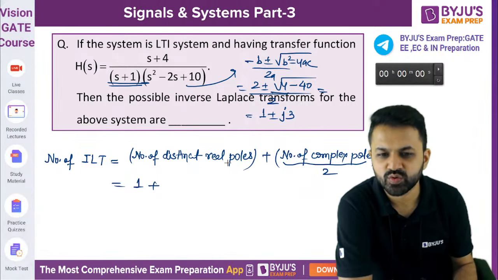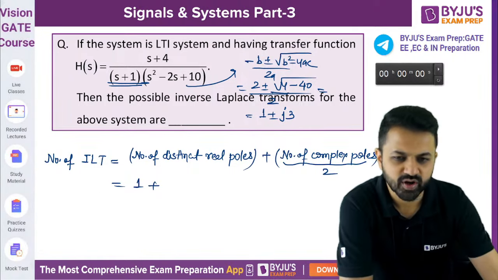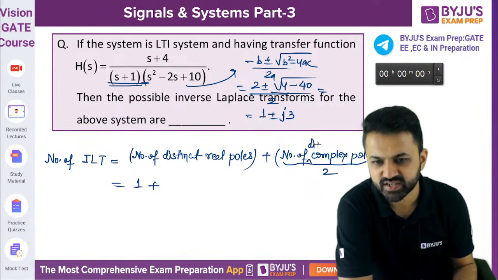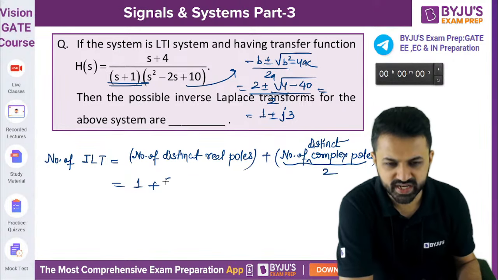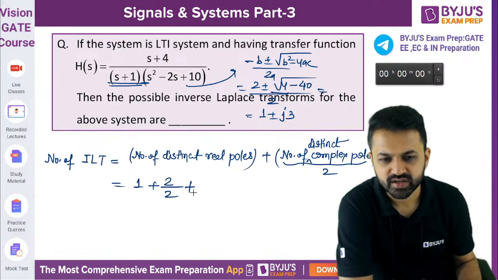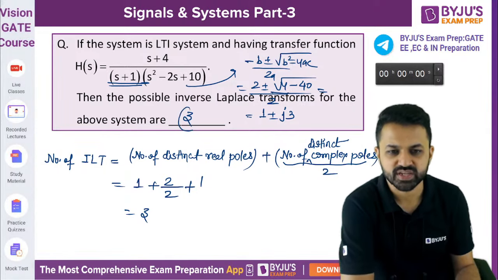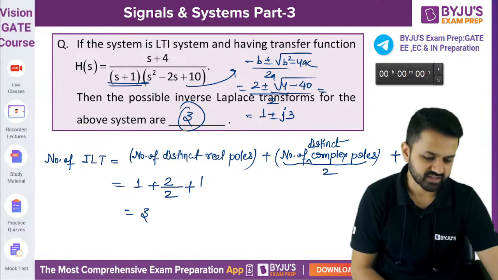So there are two complex poles. Number of distinct complex poles. So there are two complex poles plus 1. So 2 divided by 2 is also 1. So 1 plus 1 plus 1, 3. So number of possible inverse Laplace transforms are 3.